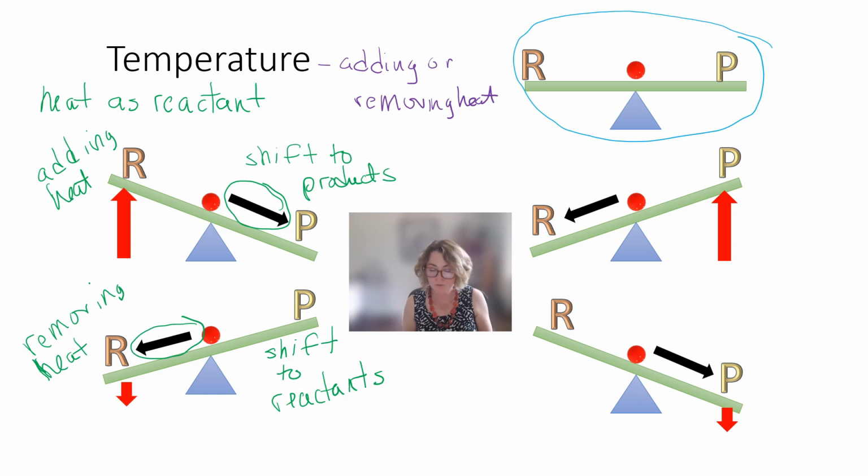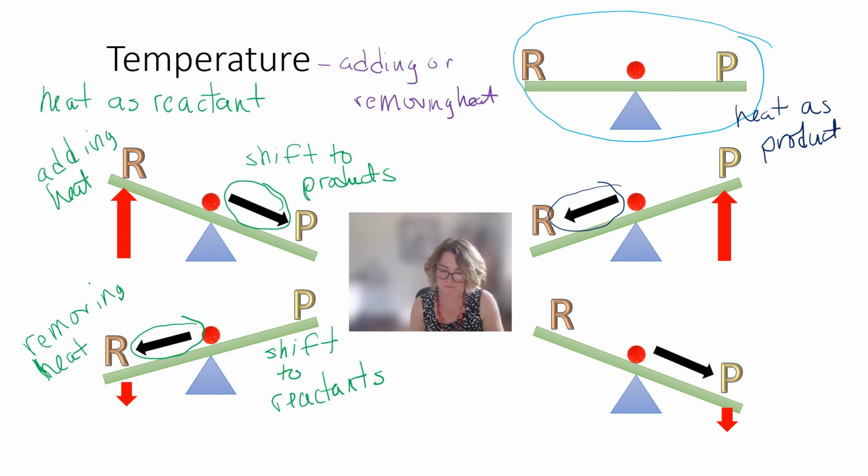Now, heat can also be a product. Here, we're going to deal with heat as a product. So imagine heat is being released. If heat's a product and I'm adding heat, I'm causing that to shift towards the reactants.